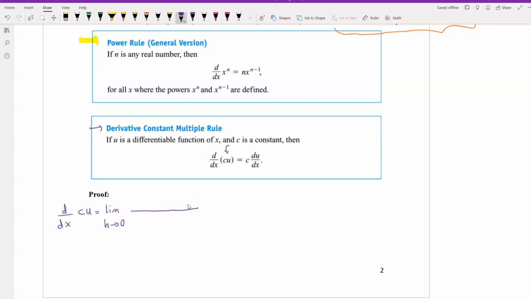So assume that our function is c times u, using what we have for the alternative formula with f of x plus h minus f of x. But in this case, instead of f, I'm going to write c times u. So cu of x plus h minus cu of x divided by h. So that is equal to, the limit of a constant is equal to the constant, so here is c times the limit.